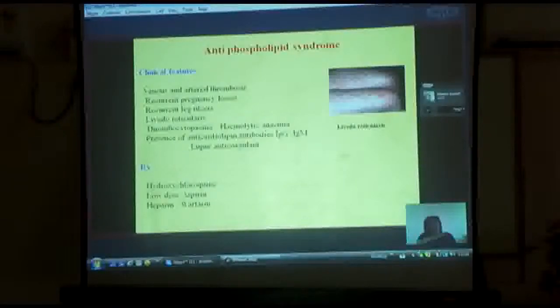Anticardiolipin antibodies are usually positive, either IgG or IgM, and lupus anticoagulant can also be positive in these patients. Treatment for joint disease is with hydroxychloroquine. Low-dose aspirin is required if they've had minor thrombotic events. Heparin and warfarin are reserved for recurrent pregnancy losses and also for major thrombotic events such as stroke.